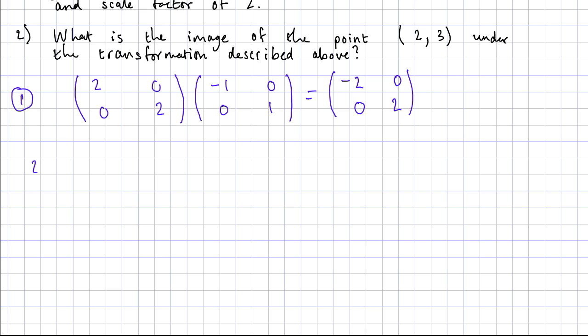So question 2, I have -2, 0, 0 and 2, and 2, 3. Now remember, this multiplication here is going to give me a column vector here. So it's going to be -2 times 2, that's -4, add a 0 times 3, which is also -4.